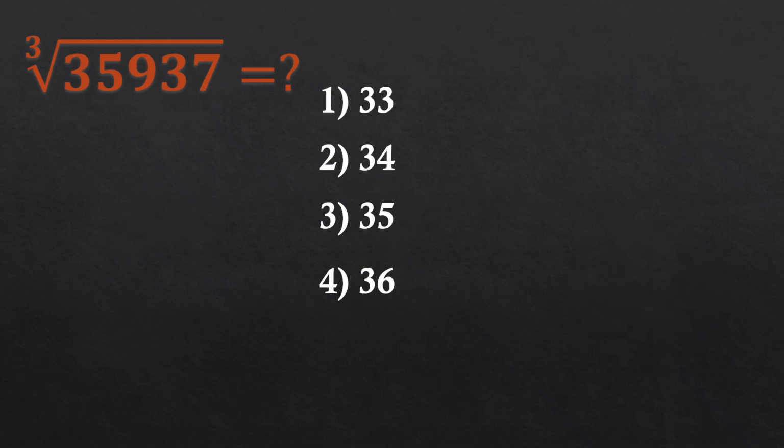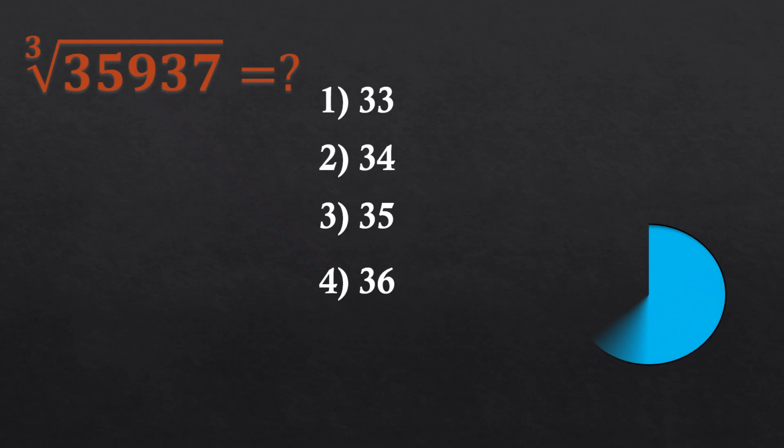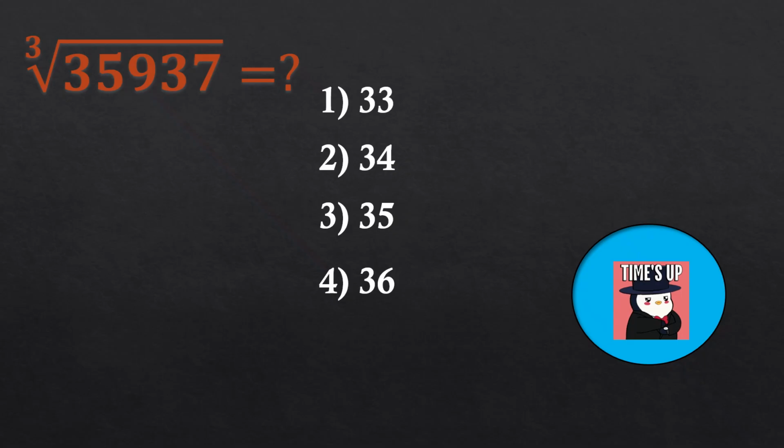Next one on your screen, and your timer starts now. Time up. So here the last digit is 7, correct? So 3 will be the last digit. Then divide the number.